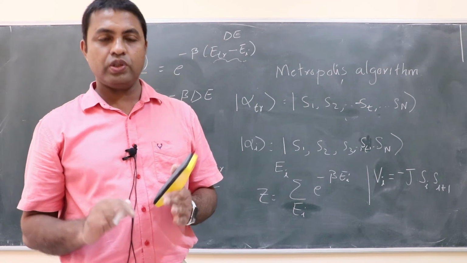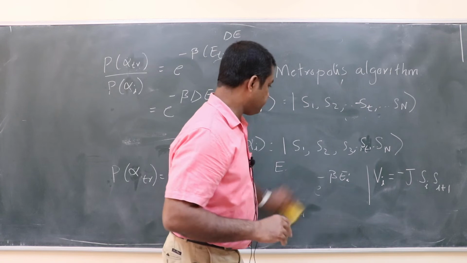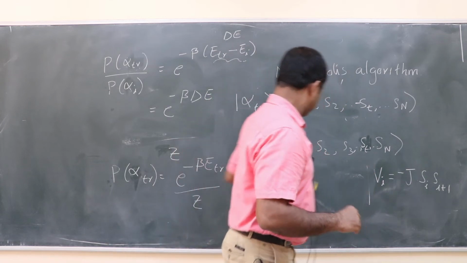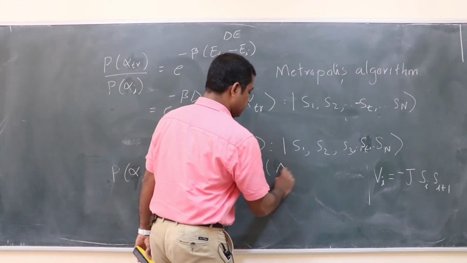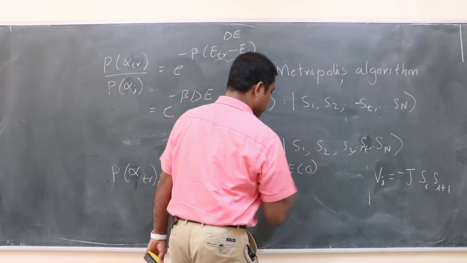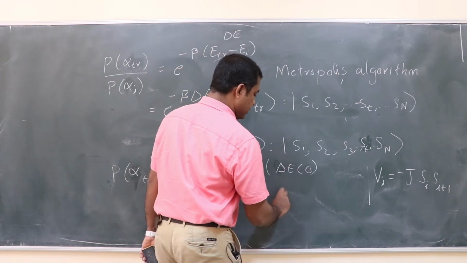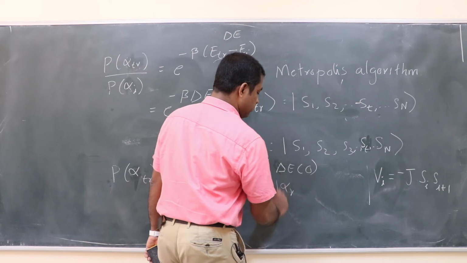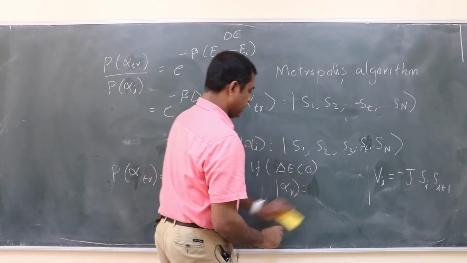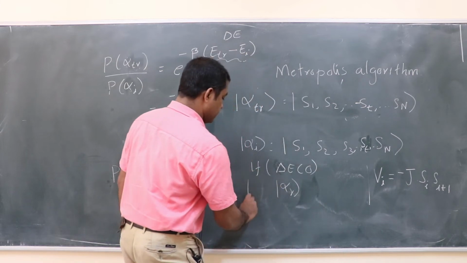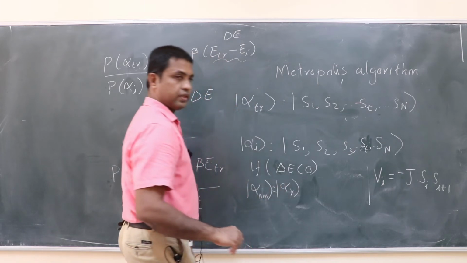Let me put the condition: if delta E is less than 0, you accept that configuration, so alpha new will be equal to alpha trial.